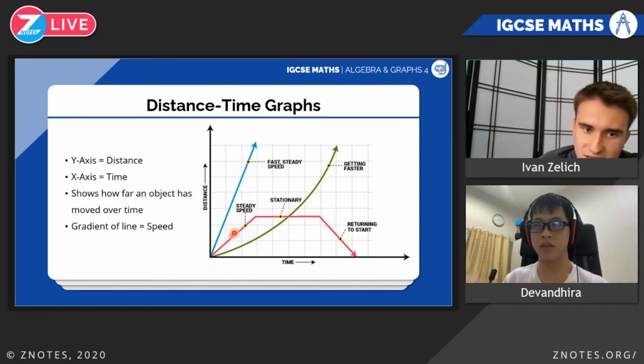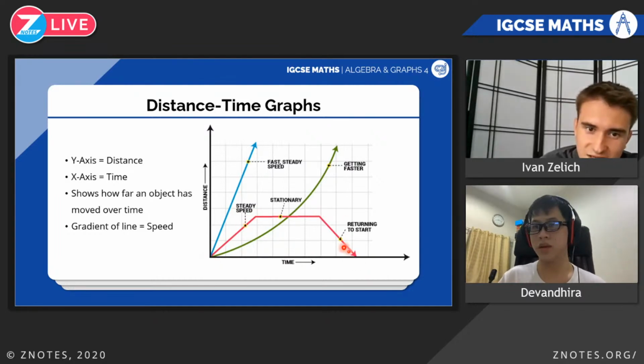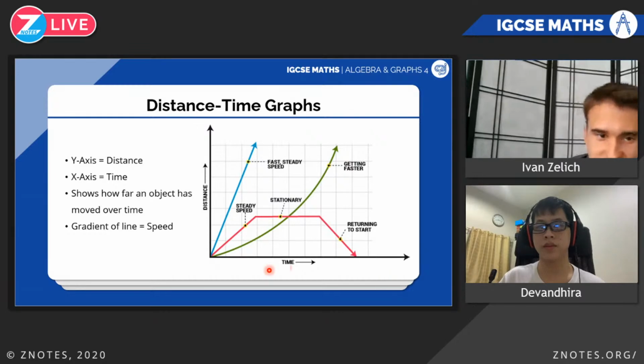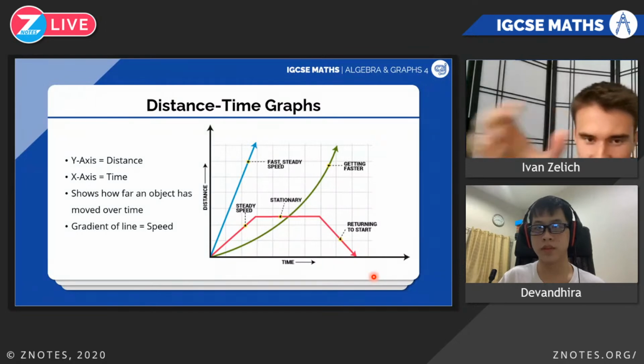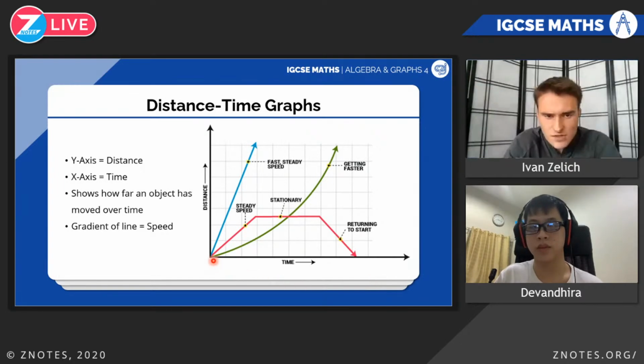The speeds of these are the same, but the velocity in this case is negative, because you're going in the opposite direction. They have the same speed regardless, just in either direction. So when we're asking for speed, we're looking at the magnitude of the gradient rather than the sign.